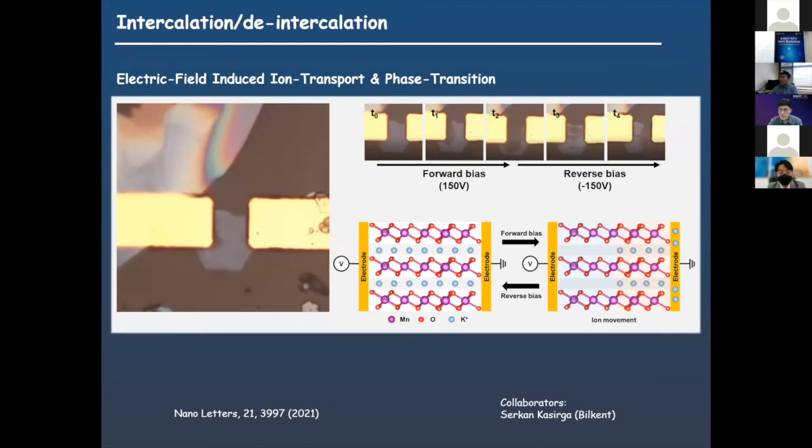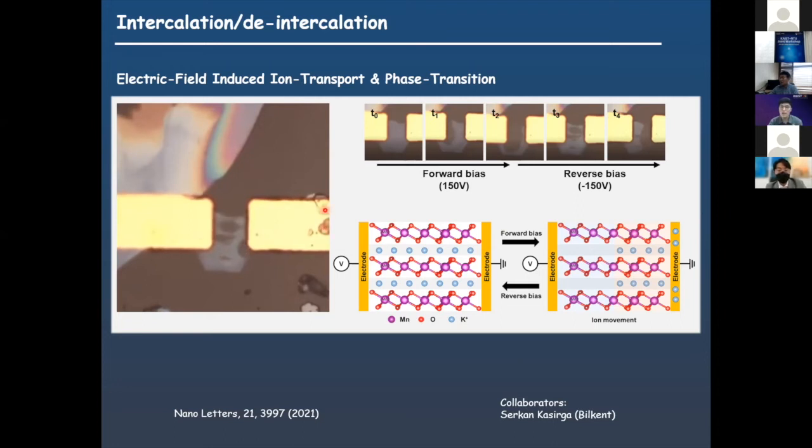Okay, and another thing, in terms of the device demonstration, can you see this video? Using the potassium manganese oxide, when we put the electrodes on top of them and apply the electrical field, the potassium ions diffuse. When we apply the positive bias, the potassium ion is moved from this electrode to the next electrode direction.